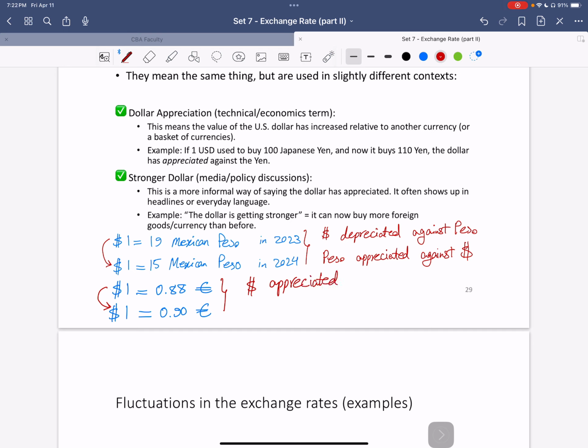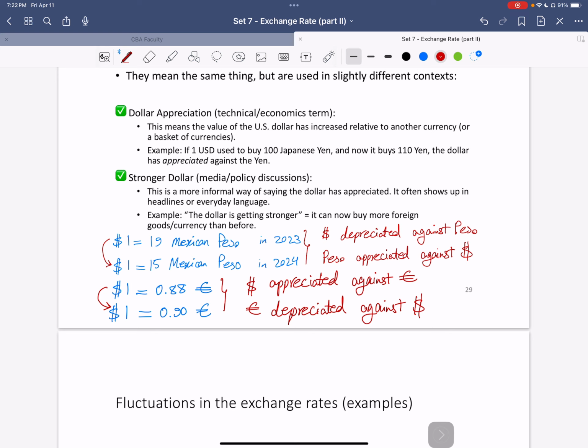So dollar appreciated against euro, and euro depreciated against dollar.